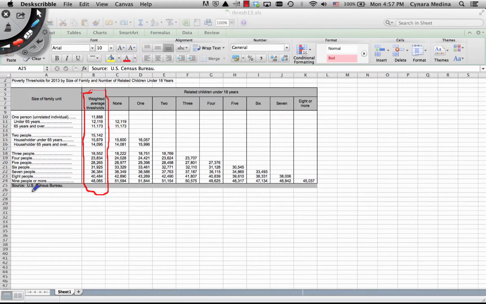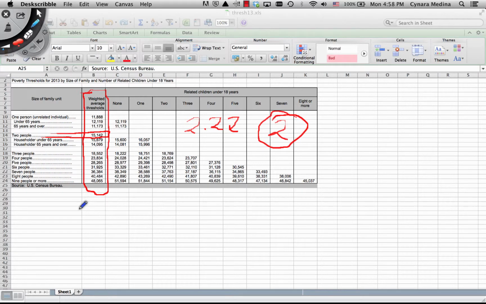So in the neighborhood that I was looking at, my average household size was, like I had said before, 2.22, and I had determined that was going to be rounded off to 2. So that means that I need to look at this line right here.